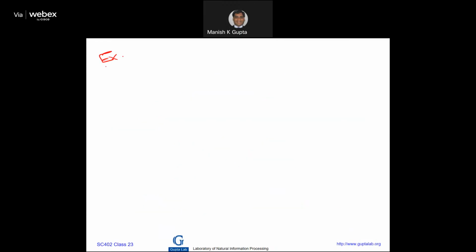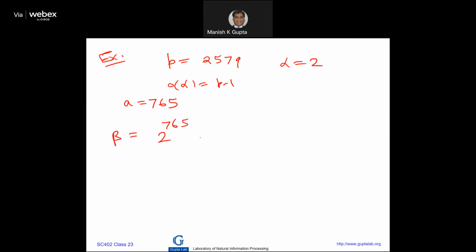Example, a small one: p is equal to 2579, alpha is equal to 2, and the order of alpha is p minus 1. Say a is equal to 765, so beta is 2 raised to power 765 mod 2579, which is 949.